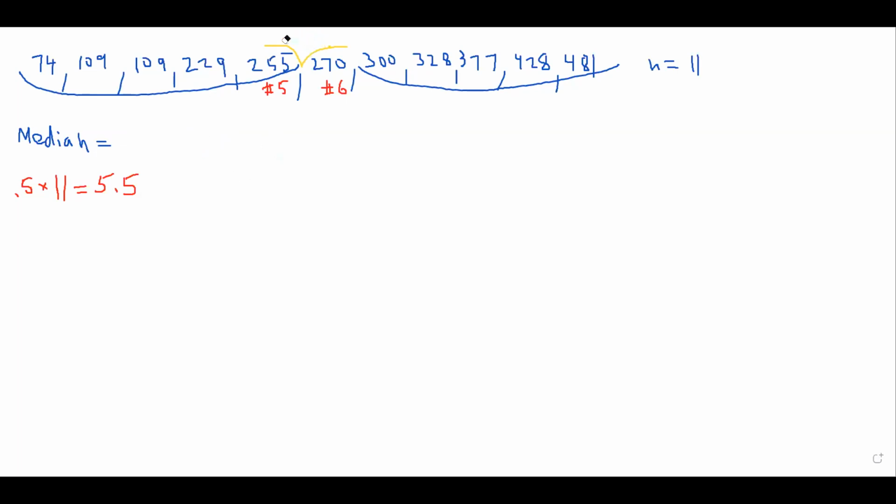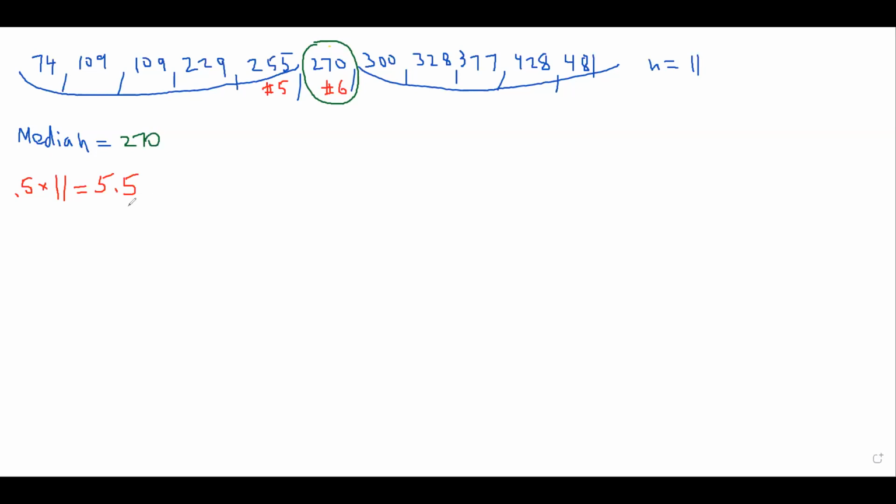Notice that 270 is exactly the element that sits in the middle, right? And it does belong to the sample because there are 5 elements from it to the left and 5 elements from it to the right. So the middle element is 270.